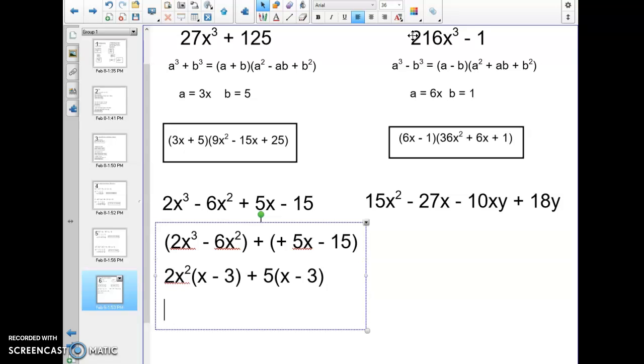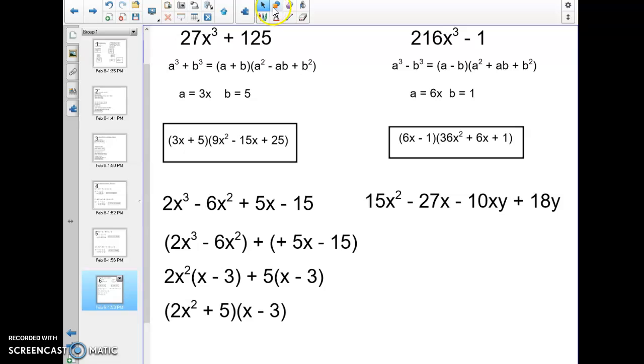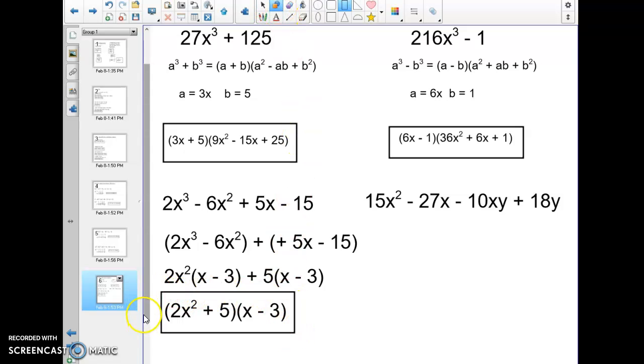To do this, I have to be left with the same thing in each parenthesis. In this case, I am, so it's 2x squared plus 5 and x minus 3, and that's going to be my answer. And you can flip it back and you get your original problem back.